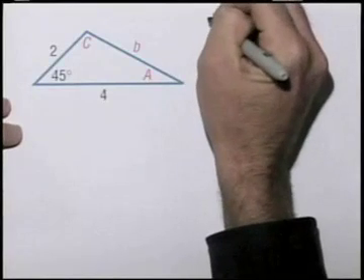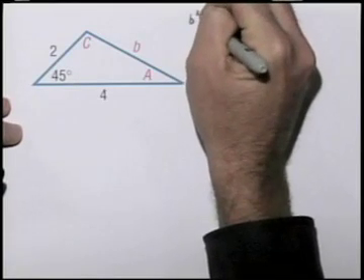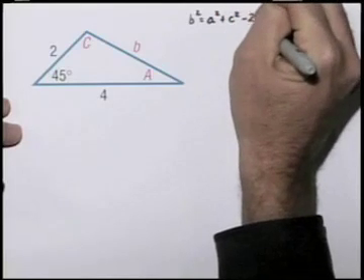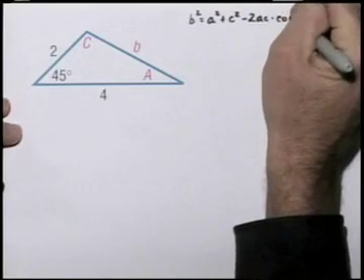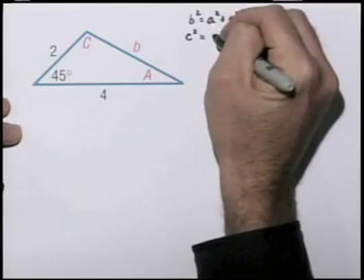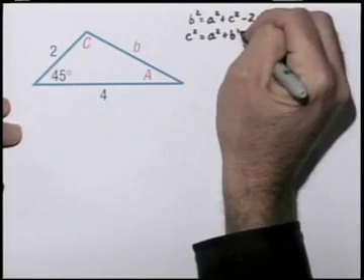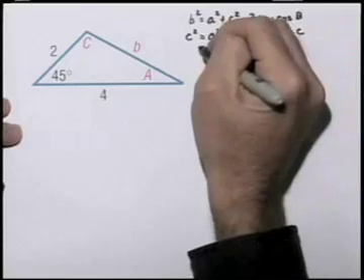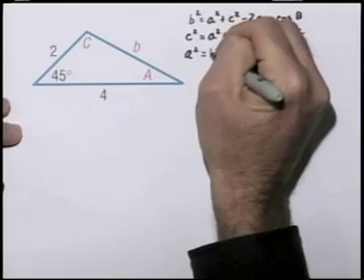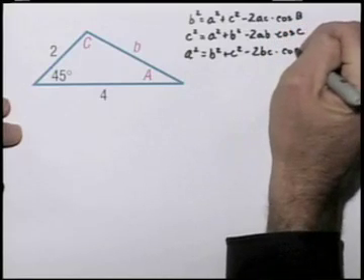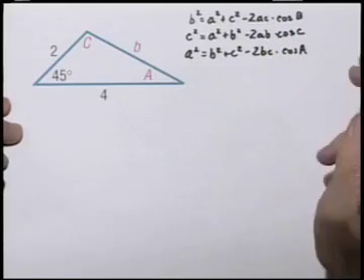In other words, if you have a triangle, we could say that b squared equals a squared plus c squared minus 2ac times the cosine of B. Or you could say c squared equals a squared plus b squared minus 2ab times the cosine of C. Or you could say a squared equals b squared plus c squared minus 2bc times the cosine of A.